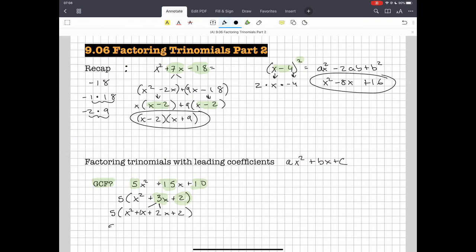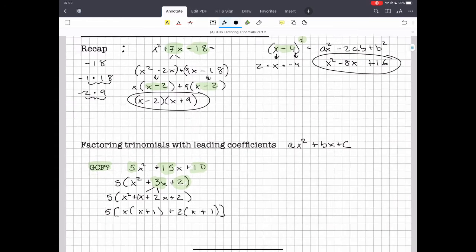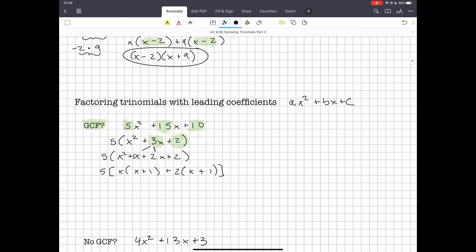And then we can continue to factor that as we normally would. Now it's starting to look a little more complicated with the brackets, but that's only because I took out the 5 earlier. We're still focused on what's inside, right? So here we have an x plus 1 in common.